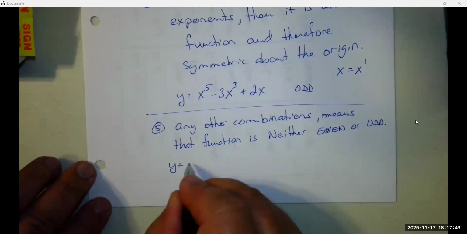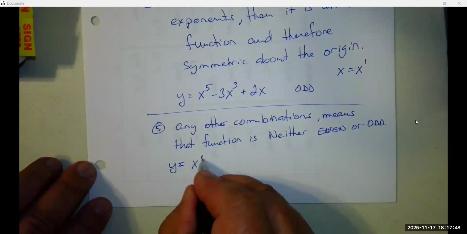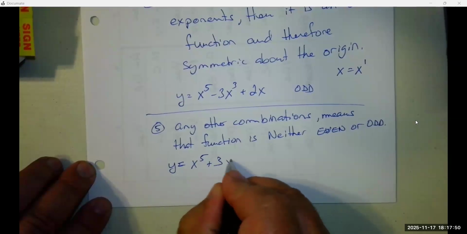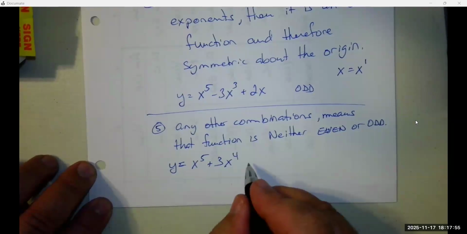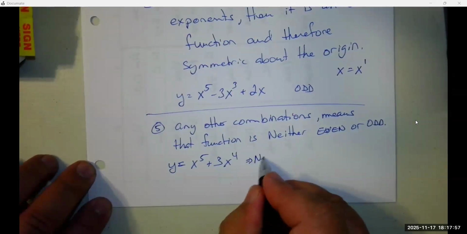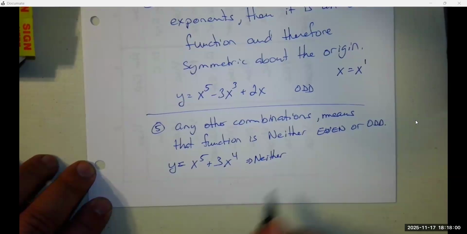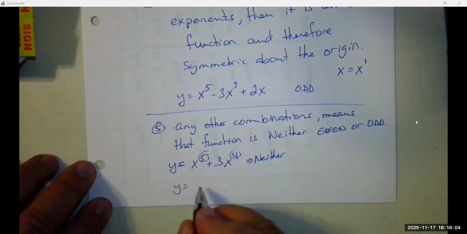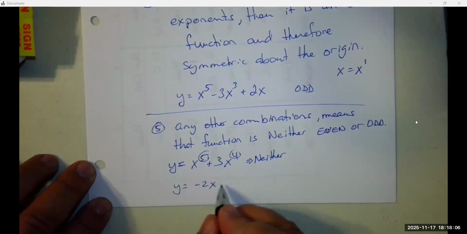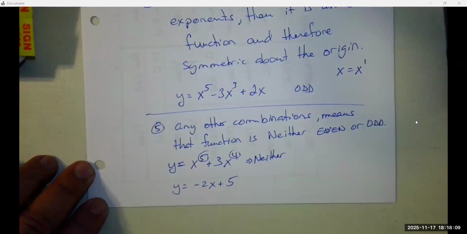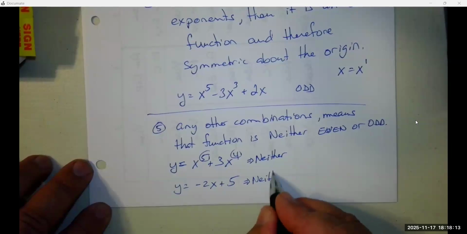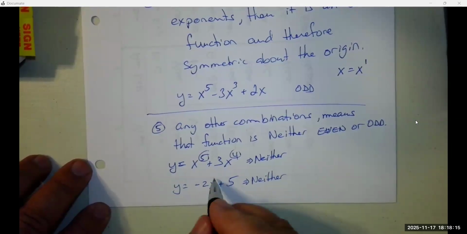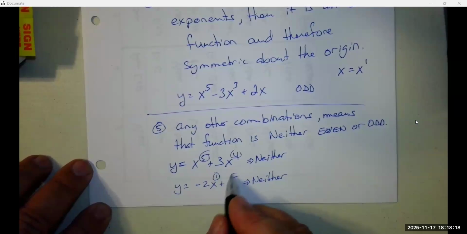For example, that's neither because one's odd, one's even. Neither because you have an odd exponent, which is 1, and you have a constant.